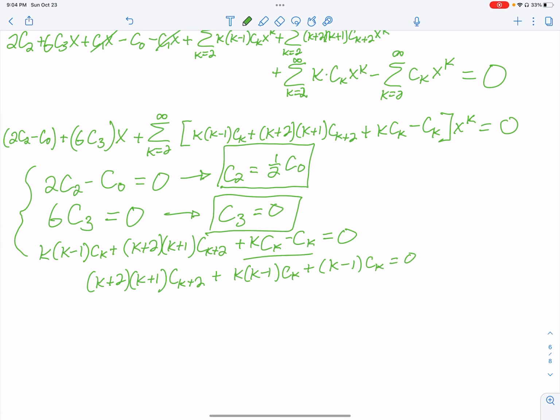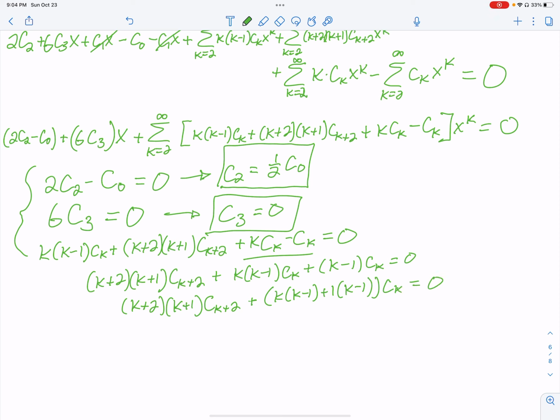These two, I can factor out ck. I can then put those together. K plus 2, k plus 1, ck plus 2, and then I can factor out the ck here. So we get k times k minus 1 plus 1 times k minus 1 times ck.